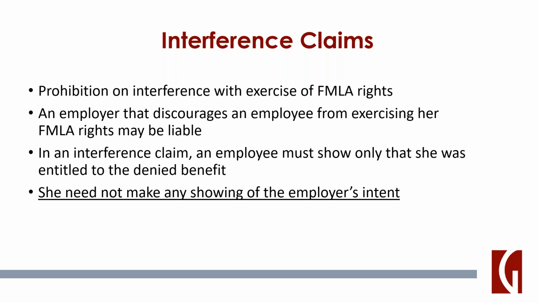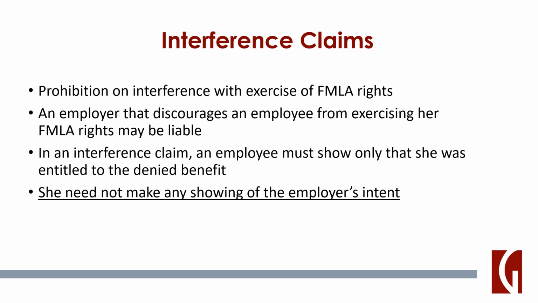So an interference can include a number of different things, not only refusing to authorize FMLA leave, but also simply discouraging an employee from using such leave through comments or creating a hostile environment for that particular employee. And any employer that discourages an employee or tries to interfere with an employee's ability to exercise FMLA rights may be liable.